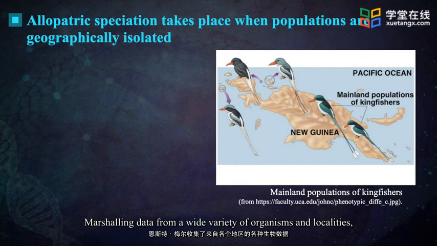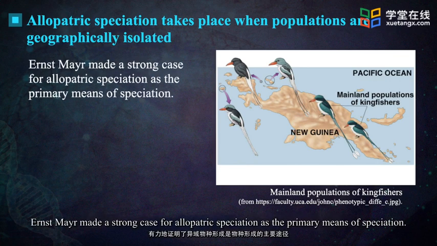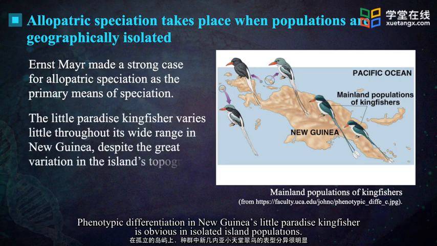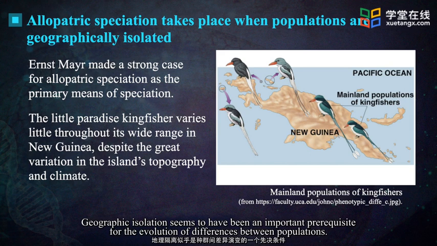Marshalling data from a wide variety of organisms and localities, Ernst Mayr made a strong case for allopatric speciation as the primary means of speciation. Phenotypic differentiation in New Guinea's little paradise kingfisher is obvious in isolated island populations. Geographic isolation seems to have been an important prerequisite for the evolution of differences between populations.